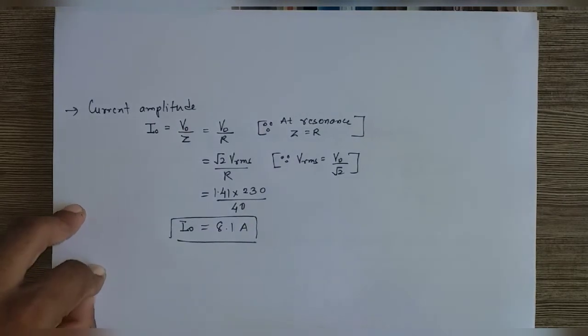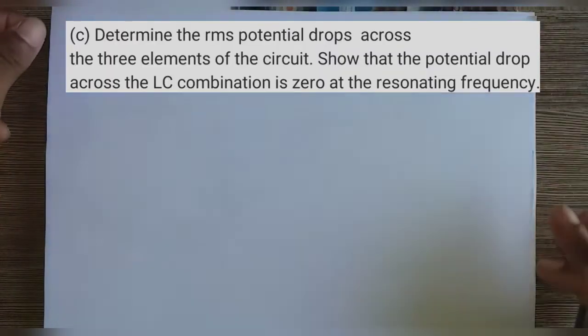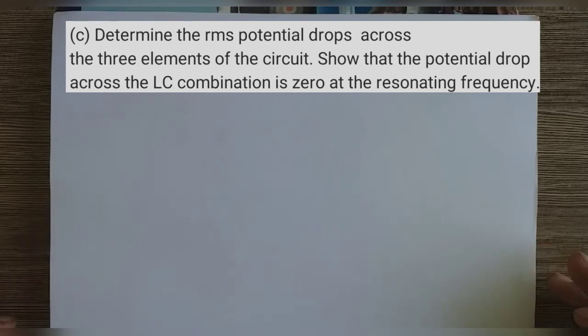Now in C, the question is to determine the RMS potential drop across the three elements of the circuit.